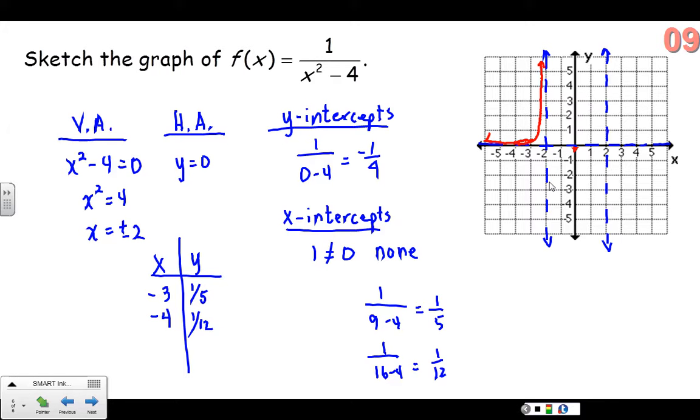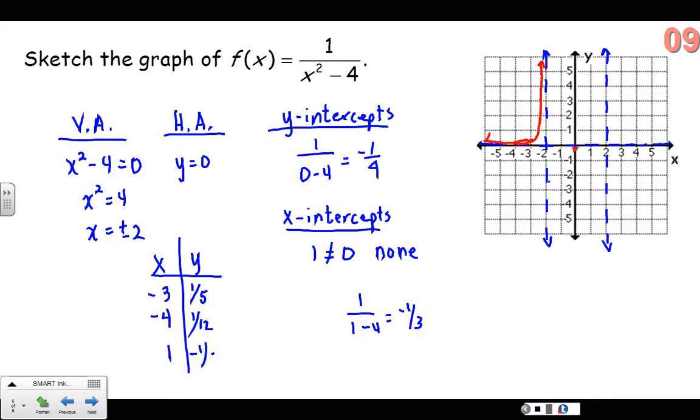All right. Let's check what happens in the middle interval here. We know what happens at 0. Let's do negative 1 and 1. Since they're squaring, you should get the same symmetric value, so I only have to do positive 1 here to figure out what would happen. I get 1 over 1 squared minus 4, so negative 1/3.